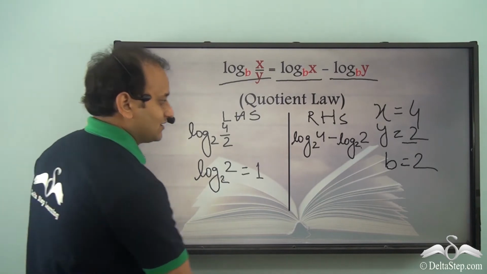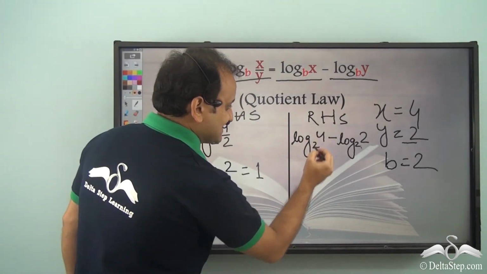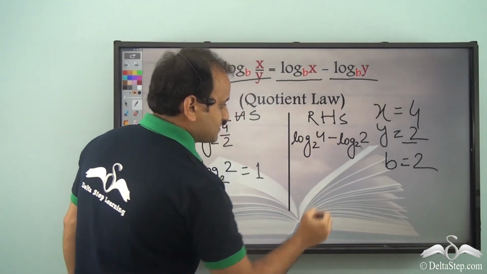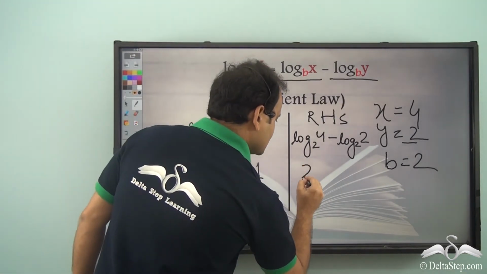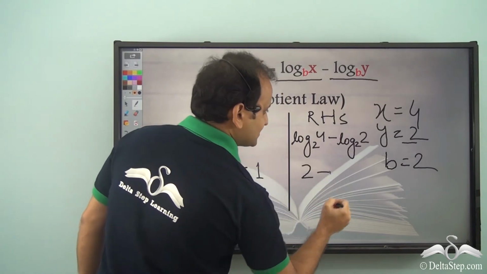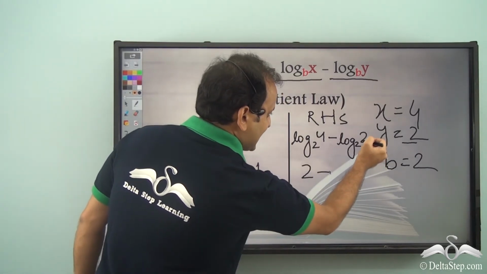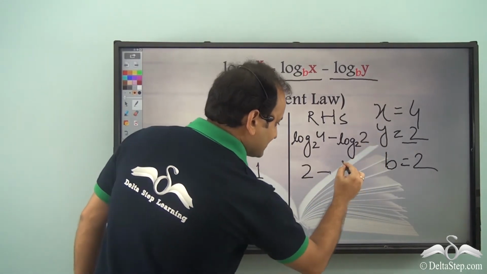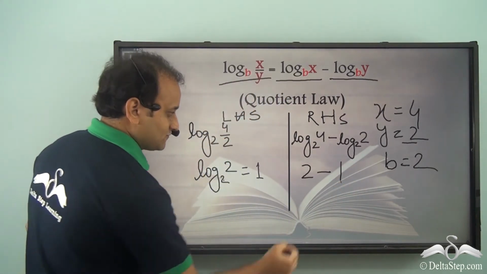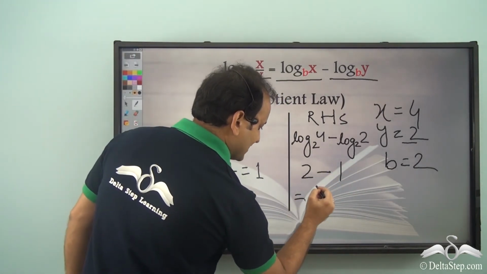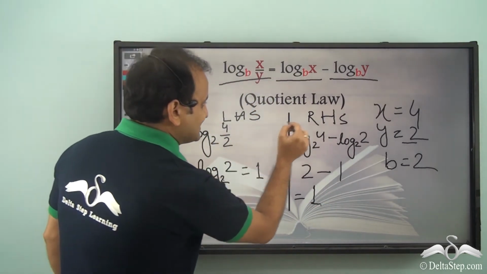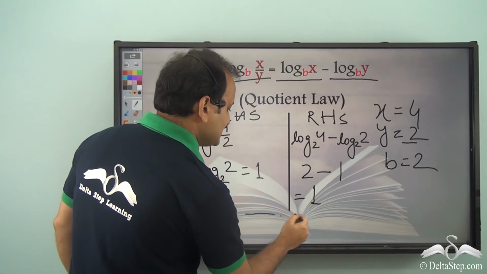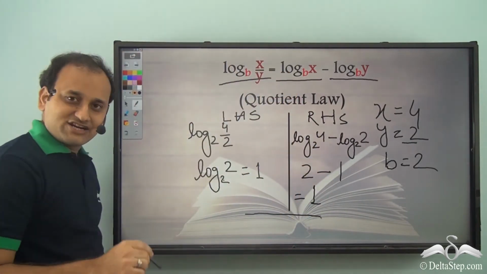Now log 4 to the base 2 is nothing but, 4 can be represented as 2 times 2, so this will be 2. Minus, again the base and the argument are the same, so this will be 1. So we have 2 minus 1, that is 1. So LHS is equal to RHS. That means this law stands true.